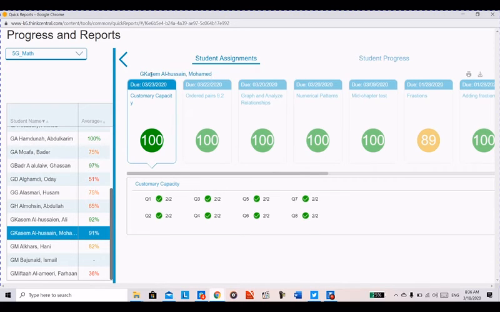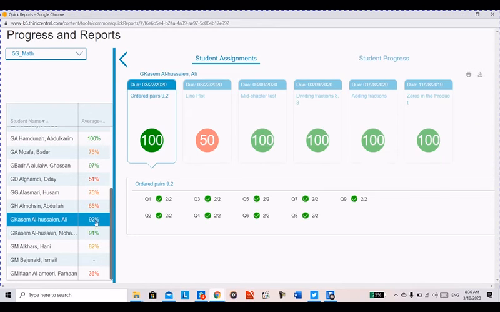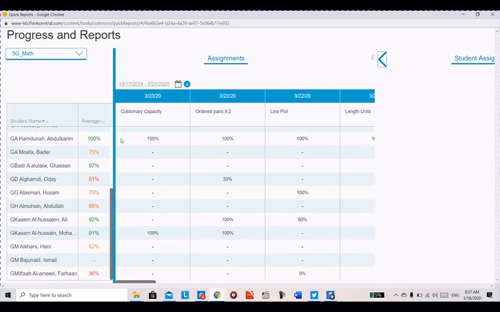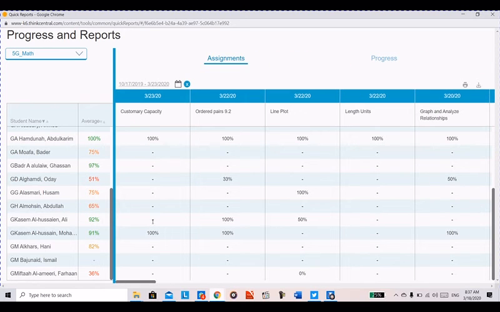Okay, Muhammad Mazen. Thank you, Muhammad. And Ali Mazen also. Ali Mazen, you have two non-completed assignments. And Muhammad Mazen also, you have two non-completed assignments. You have to complete them.